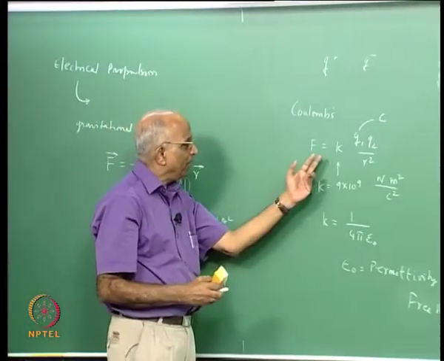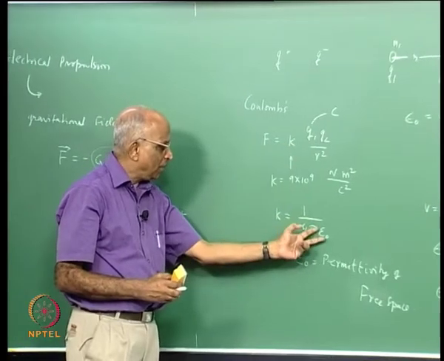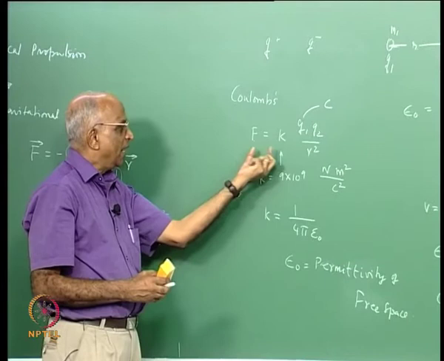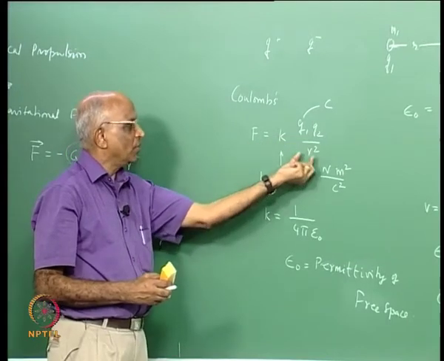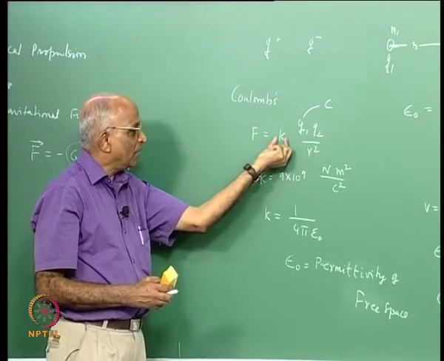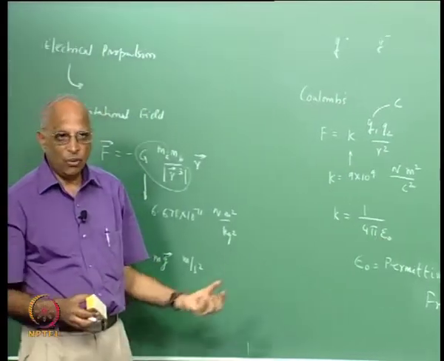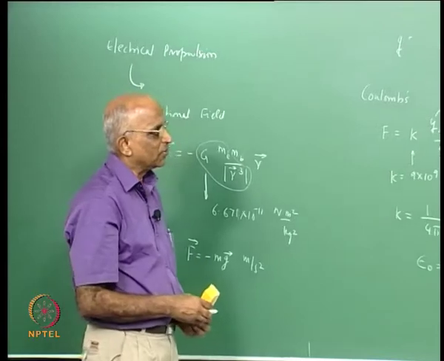The only reason why I tell this in this form is we are used to studying Coulomb's law as F is equal to a constant into q1 q2 by r square, and therefore I thought maybe through the constant I must come to the value of the permittivity of free space.